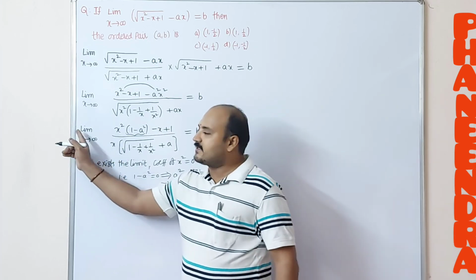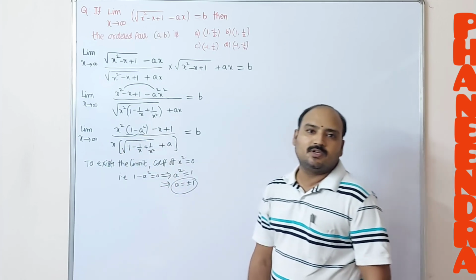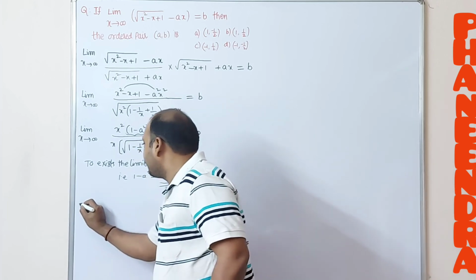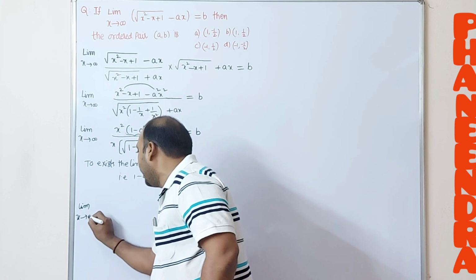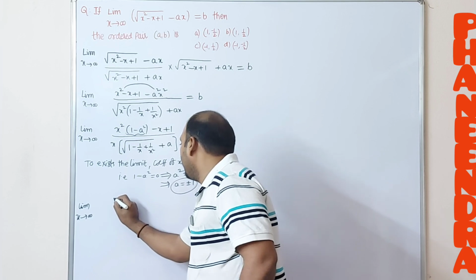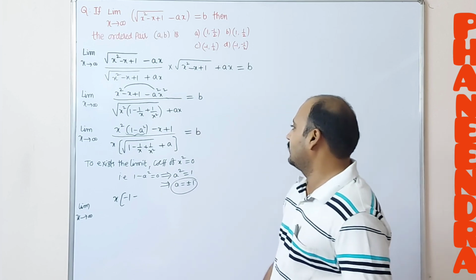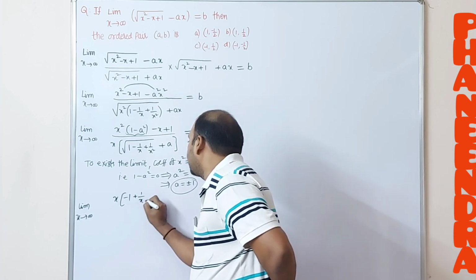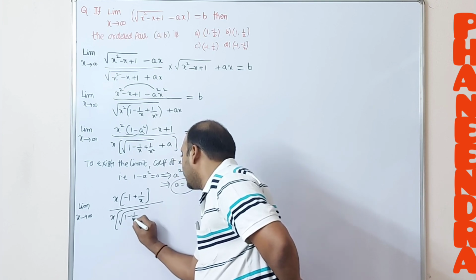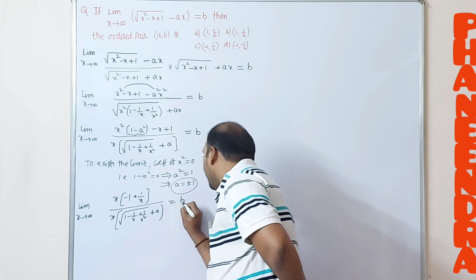After that, when x is tending to infinity, here is the x coefficient. If you take out common x from the numerator, anyway this value goes to 0. So minus x we are taking common here. If we take out common x, minus 1 plus 1 by x divided by x into root over 1 minus 1 by x plus 1 by x square plus a is equal to b.